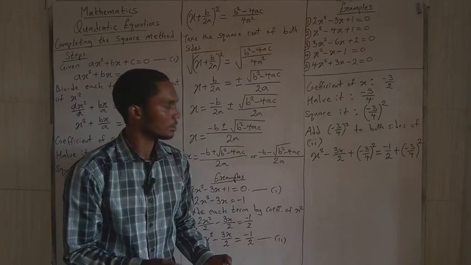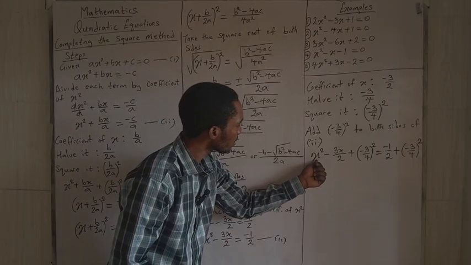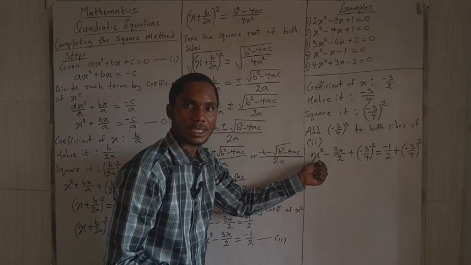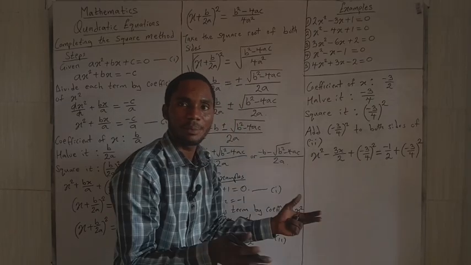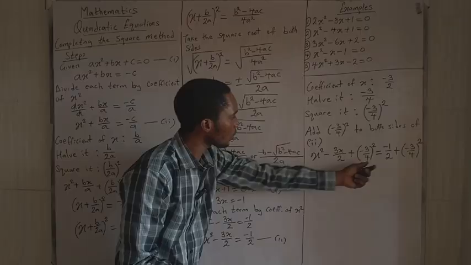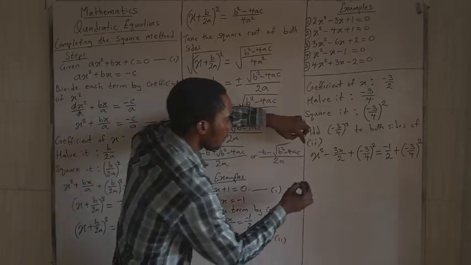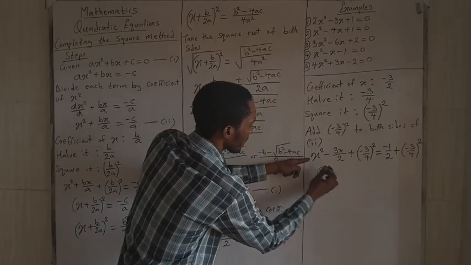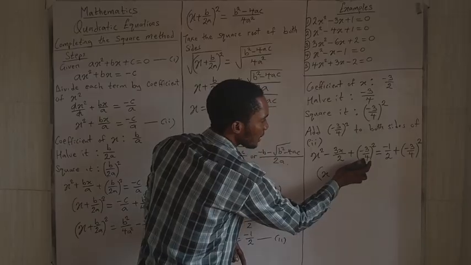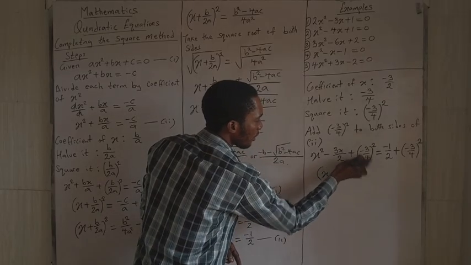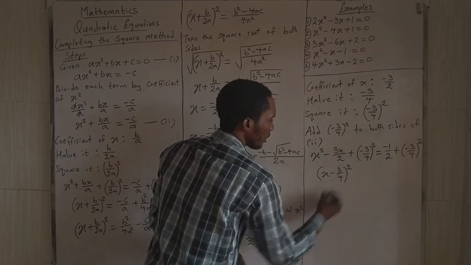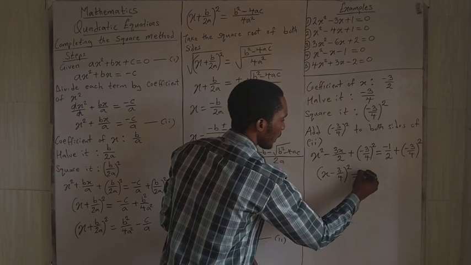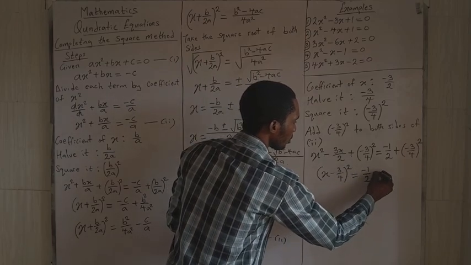What are we going to do next? We have this as x squared, x half squared here. Also, minus 3 over 4 half squared here. Bring them together. The ones that are half squared, add them together. So open a bracket. x, what do we have inside the bracket here? That is minus 3 over 4. (x minus 3 over 4) squared is equal to minus 1 over 2 plus.